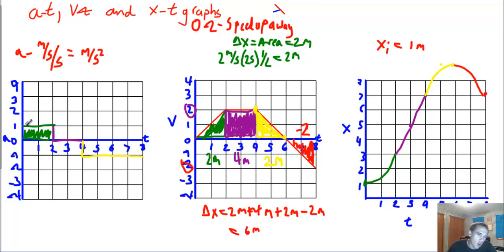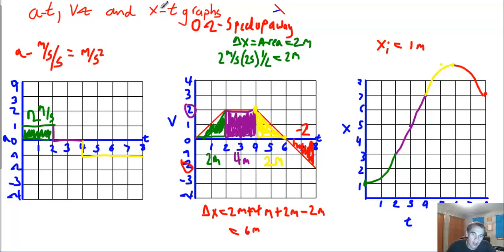The area here is 1 meter per second squared times 2 seconds, and that's 2 meters per second. That tells me that over these 2 seconds, the object got 2 meters per second faster. If we look at our velocity time graph, it went from 0 to 2. It did get 2 meters per second faster.